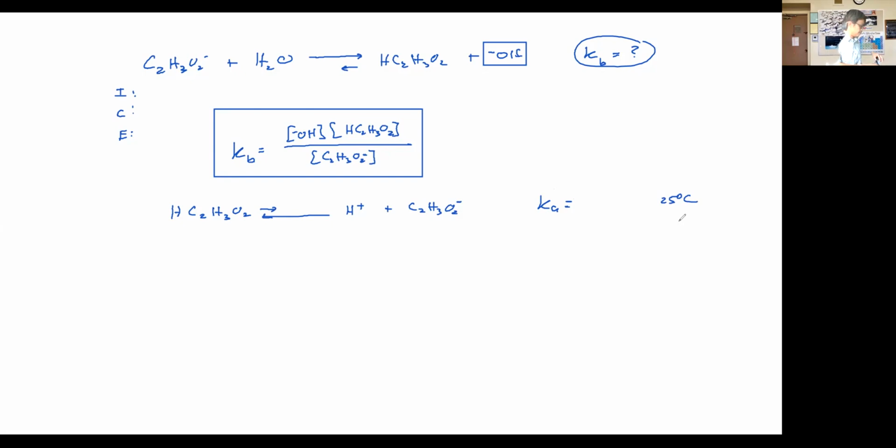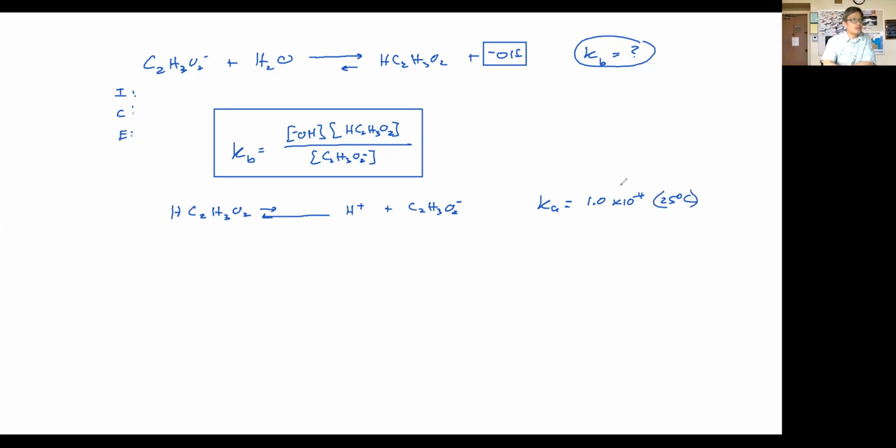I think it was about 1 times 10 to the minus 4, somewhere in that range, but don't quote me on that. The point is that this we don't know, but this is known at 25 degrees Celsius.